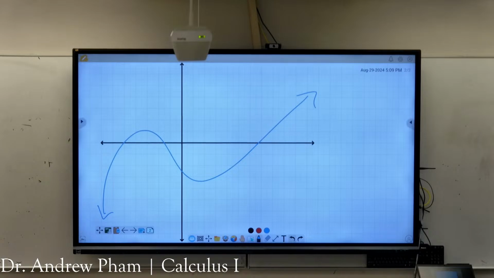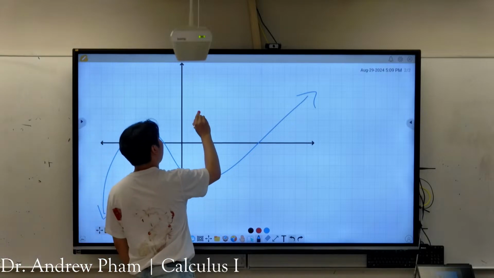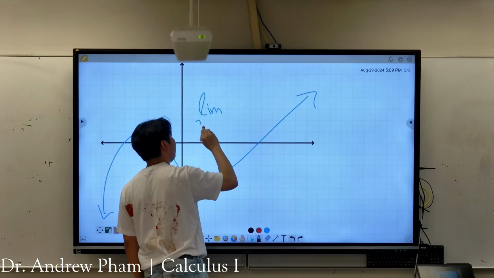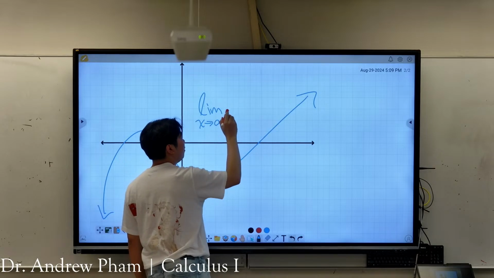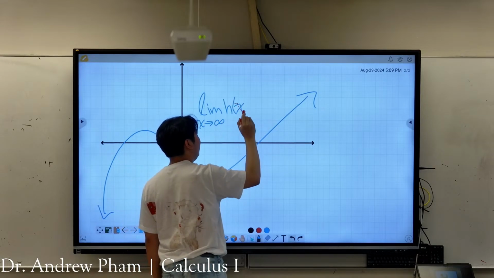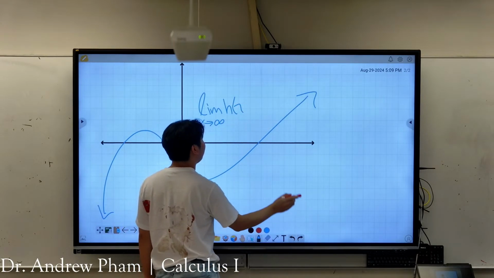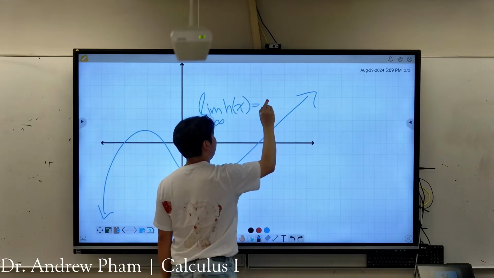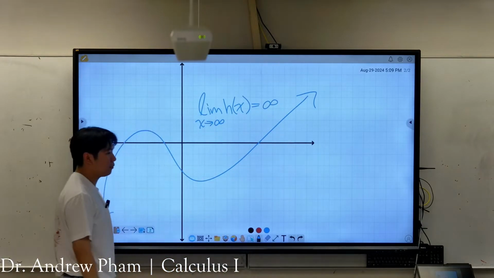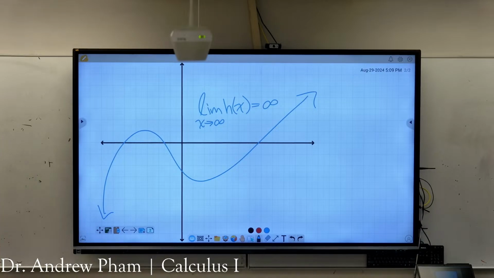Infinity. So why can we say that the limit, in this case as x approaches infinity, let's call this h of x, for example, is equal to infinity? Why is that the case? Yeah.